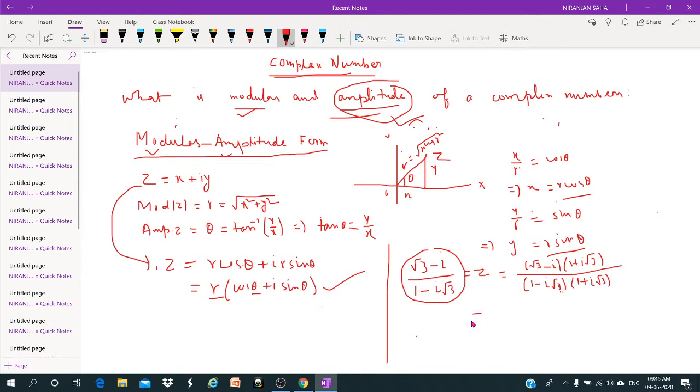So this will be equal to √3 − i + i·3 − i²√3 in the numerator, and 1² − (i√3)² in the denominator.